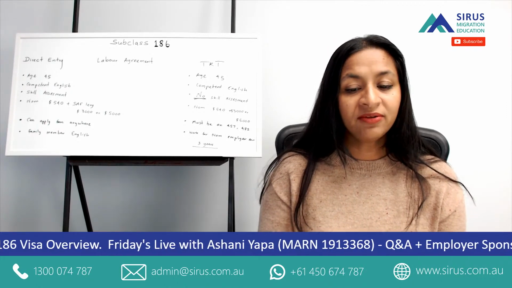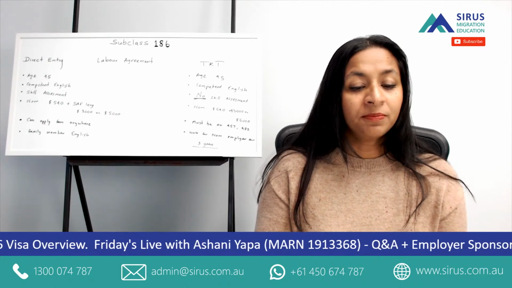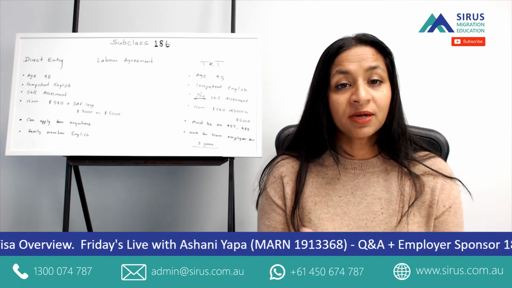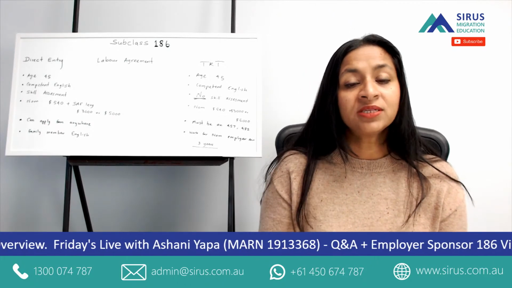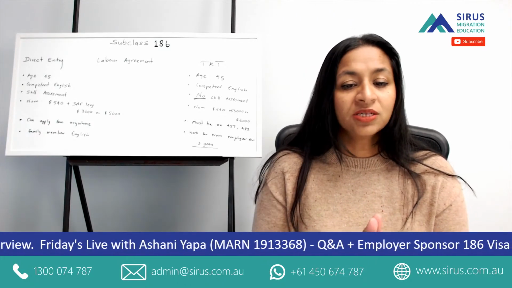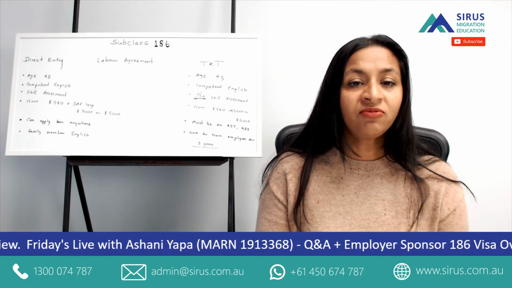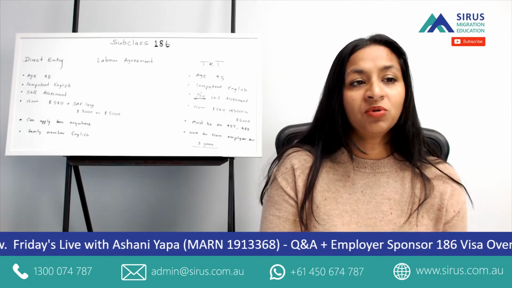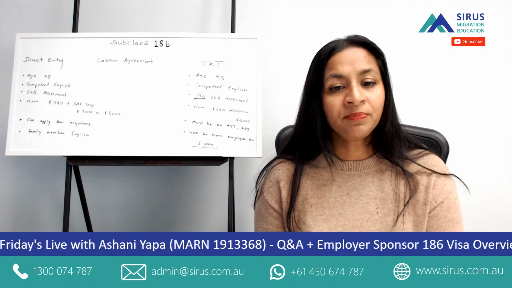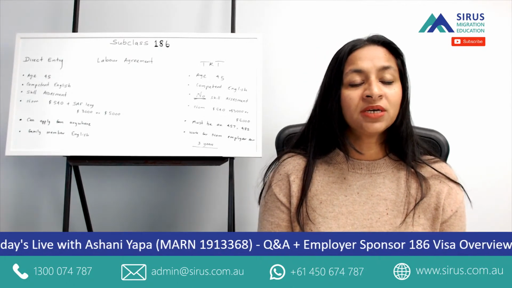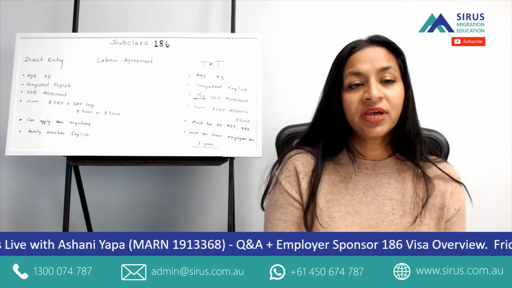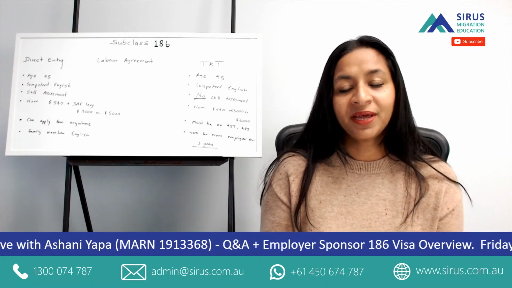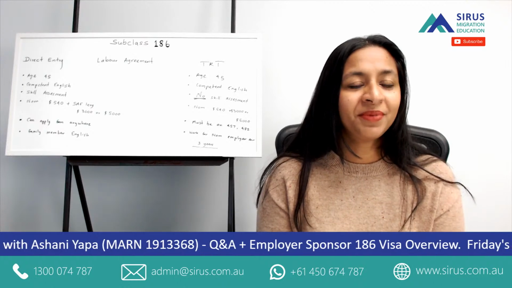For example, if the employer wants to get 2 or 3 people under subclass 186, then they have to pay these fees per applicant. So that is from the employer side for the nomination under both direct entry and TRT stream. Now I will break down the criteria from the applicant side for direct entry and TRT stream, and I will compare the two so you can understand them better.